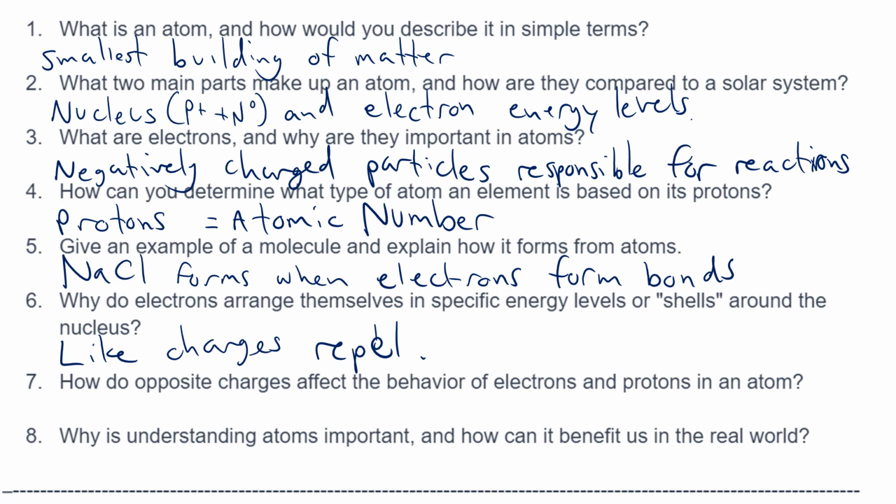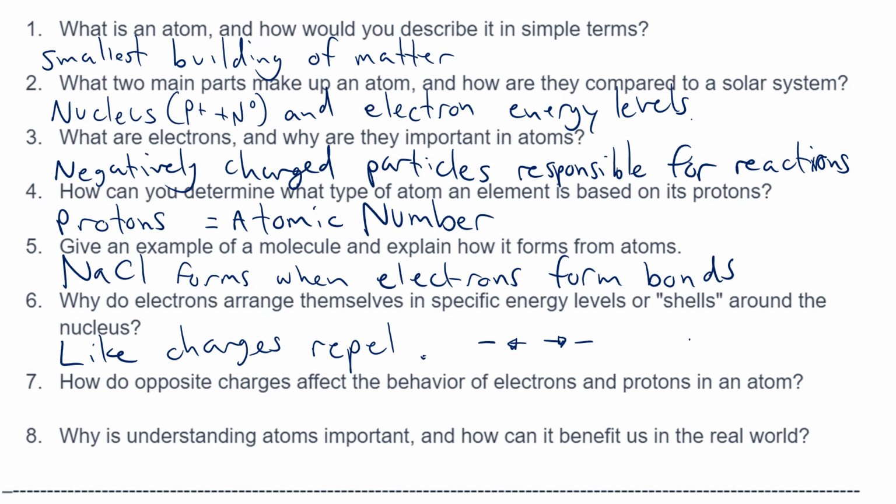But what's happening is those like charges are going to push away from each other. So that is exactly what's going on here: the like charges are going through a process where they repel each other. They push away. So you have negative charges and negative charges, and they don't want to go near each other.